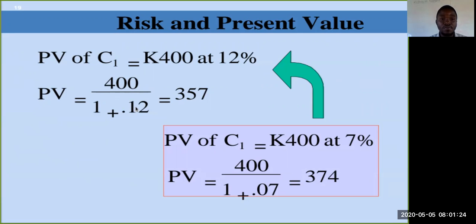If we calculate the present value of the cash flow of year 1, 400 million, we'll get 357. Then we see that this is now the present value in relation to a 12% interest rate, which is equal to the way somebody can get government securities in the stock market.